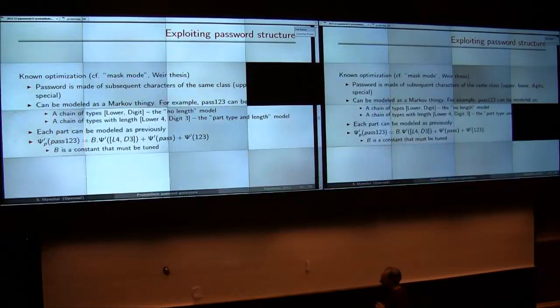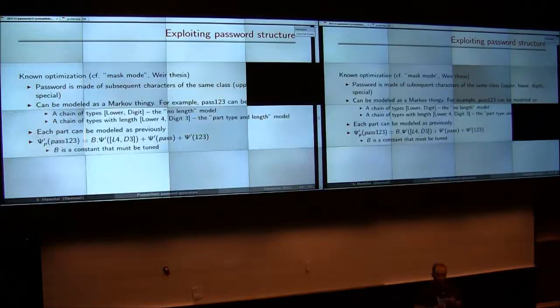And I can also compute the score of the structure in exactly the same way. Because that's the point of Markov mode, that you can compute a probability distribution. When you have a probability distribution of subsequent items, you can apply it.